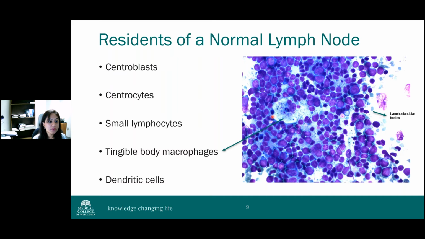The other cells that we see are the centroblasts, which are usually larger and have peripherally placed nuclei, as opposed to an immunoblast, which is also large but usually has a single large nucleolus. Centrocytes are usually smaller. There can be small centrocytes and large centrocytes, but the nucleus is usually irregular, or what we call cleaved. And lastly, we can have the dendritic cells.